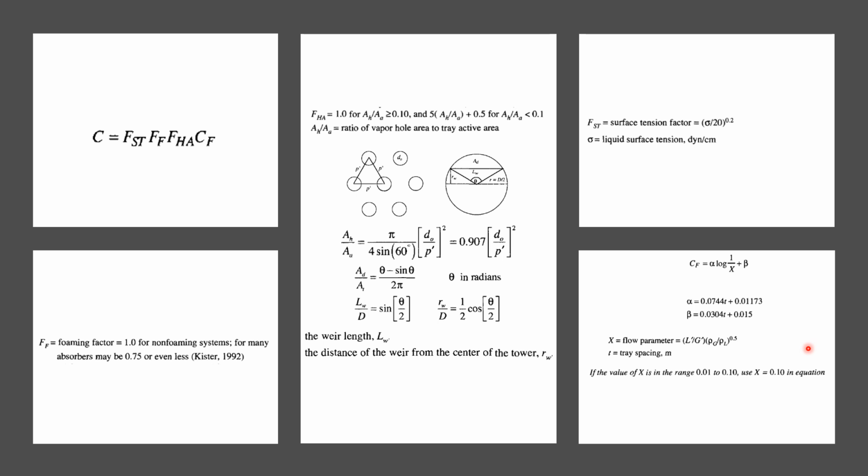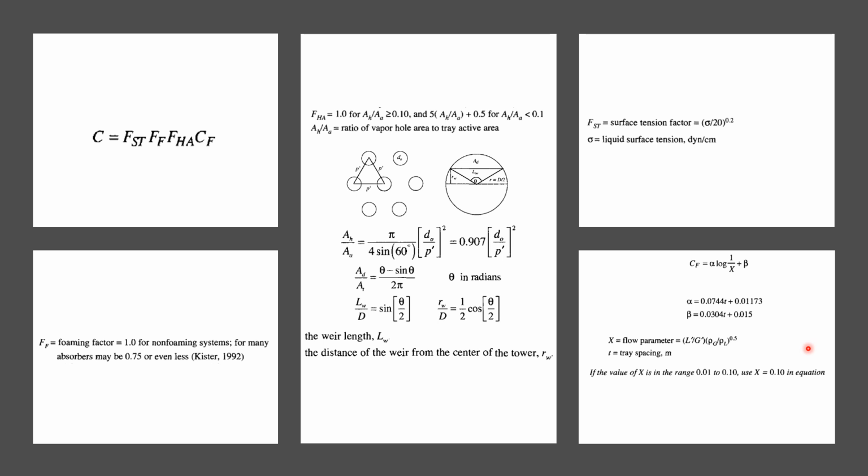For example, some companies in the US say tray spacing is always equal to 0.6 meter. In some companies in the UK, they say tray spacing can be 1 foot, 2 feet, 3 feet, so 12 inches, 24 inches, and 36 inches. And these are basically standard values. You don't go somewhere in between.